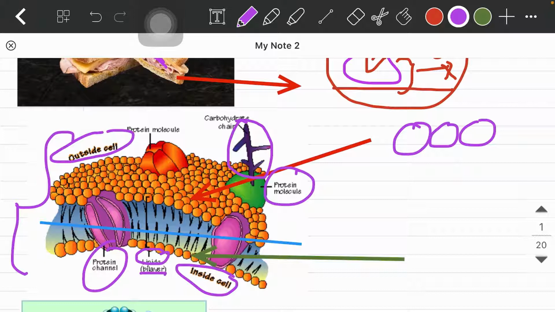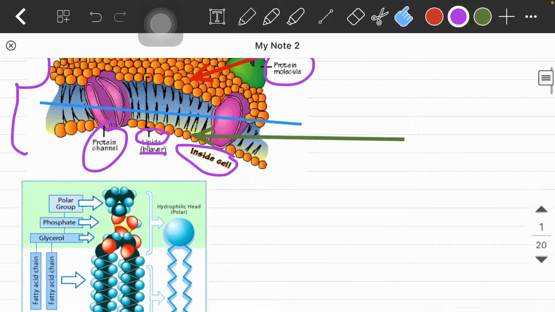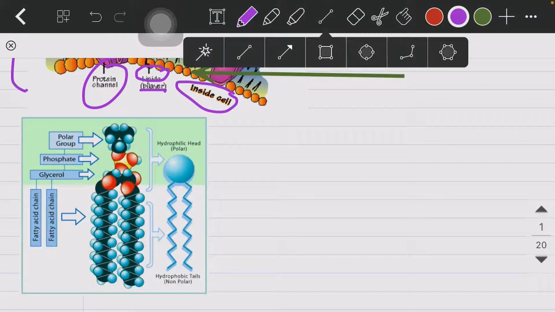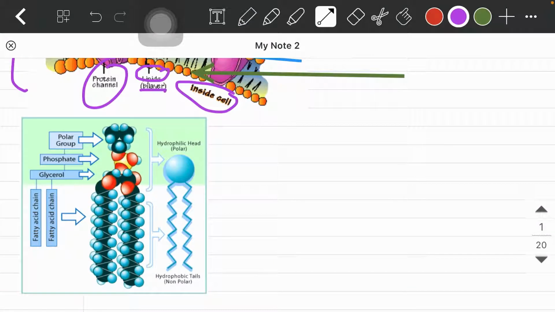Now let us zoom in with the one major part of the cell membrane, which is the lipids. Ayan. Kung mapapansin niyo, it has basically two parts.